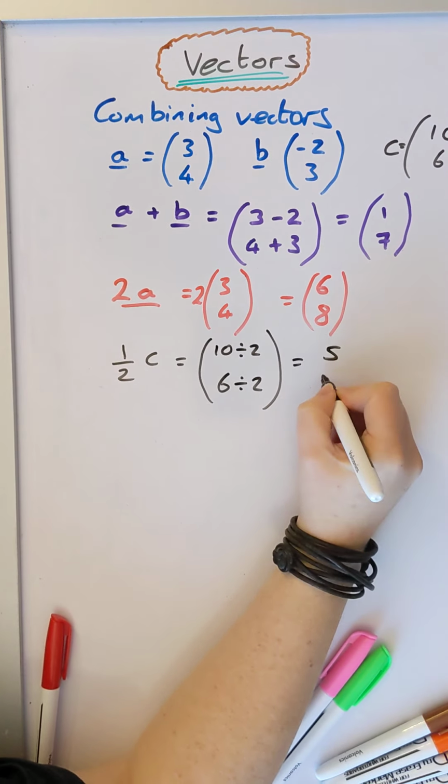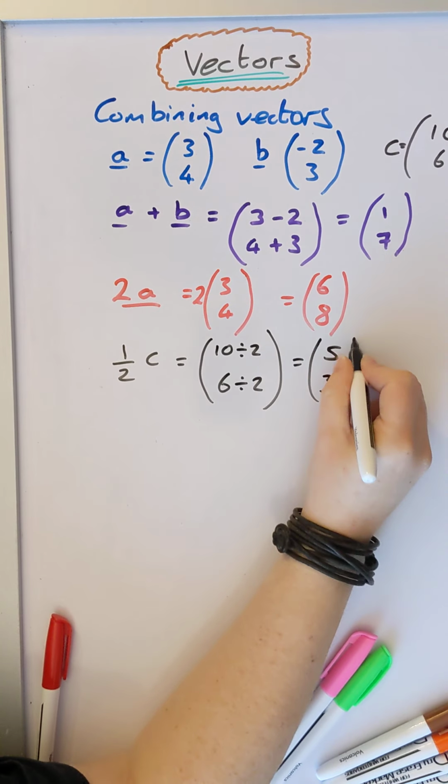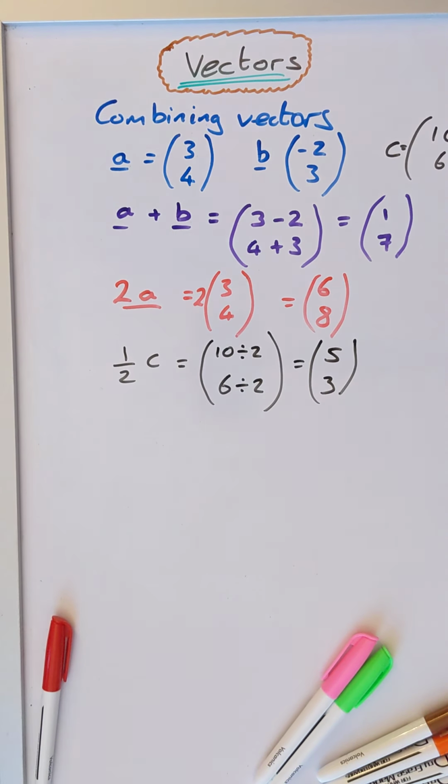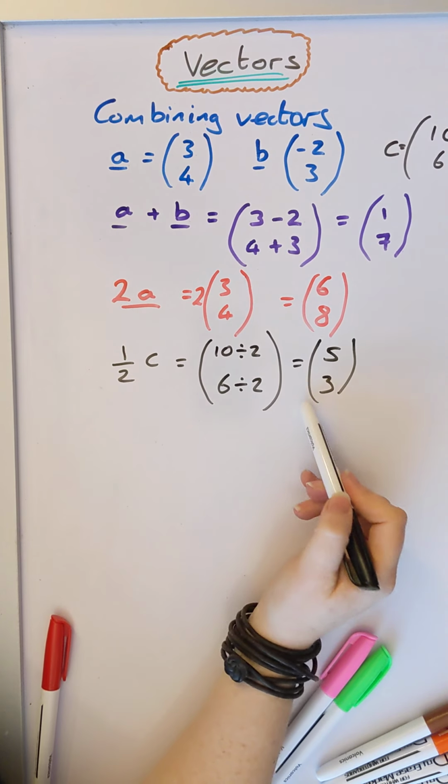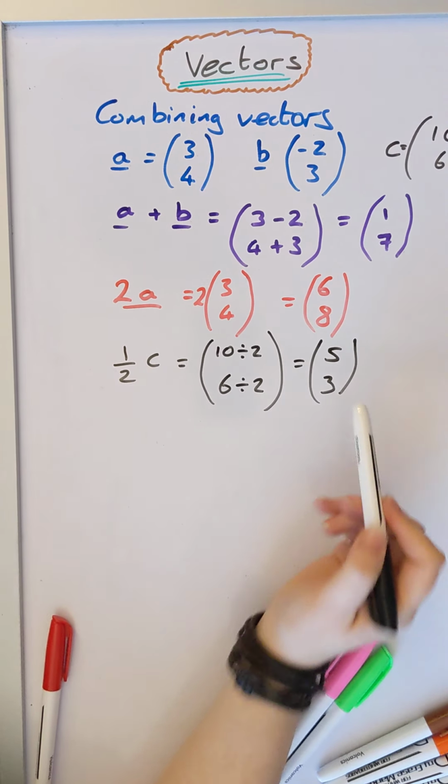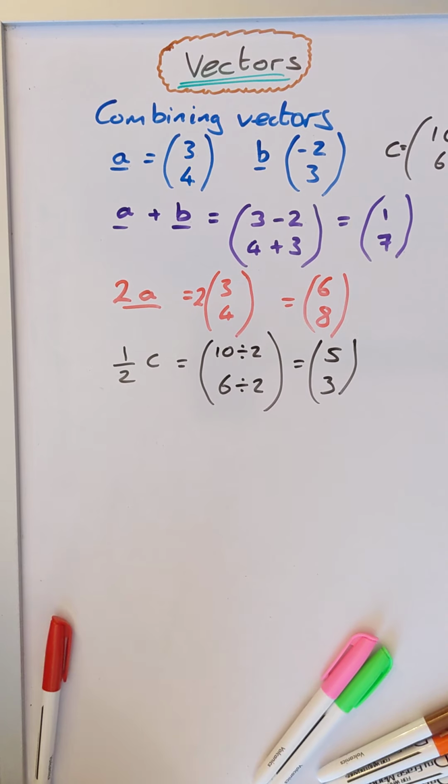So I'd have (5, 3). Never forget to put your brackets in. These are critical when you're dealing with vectors.